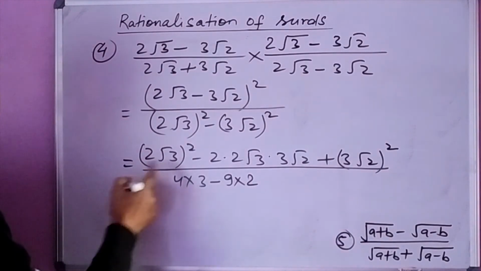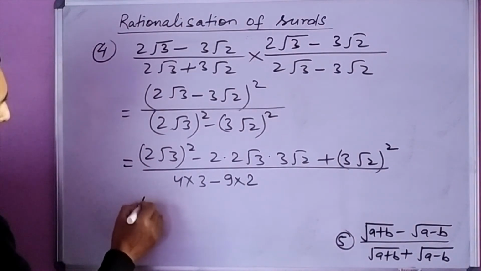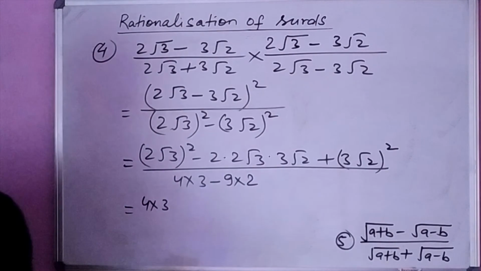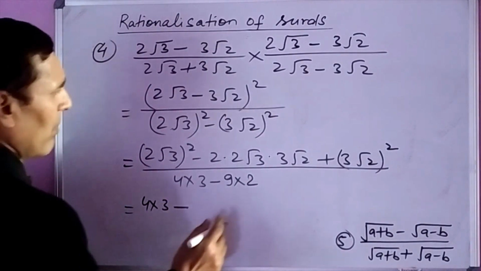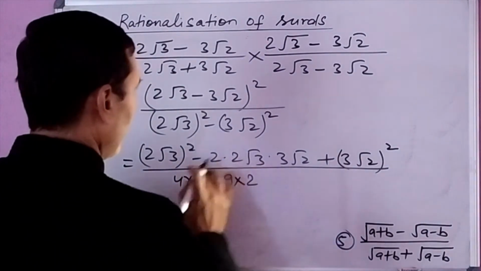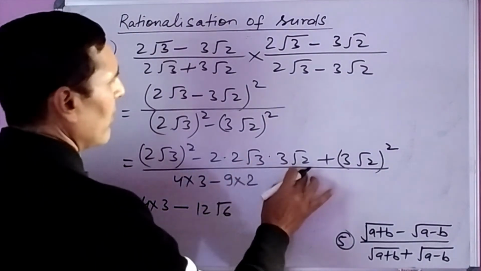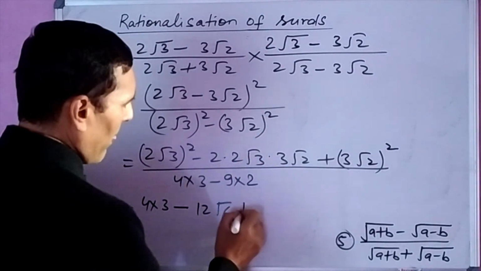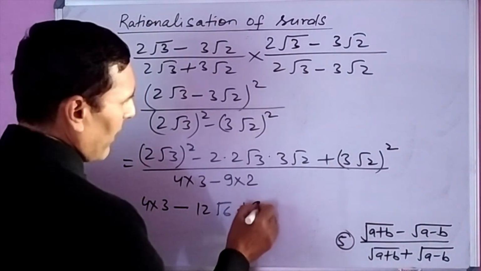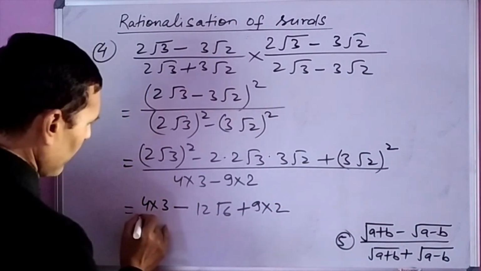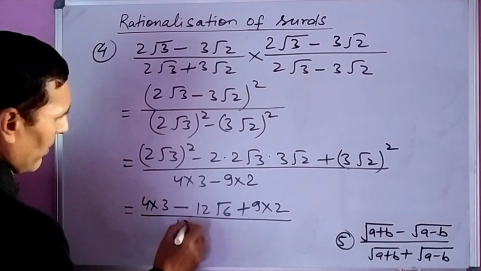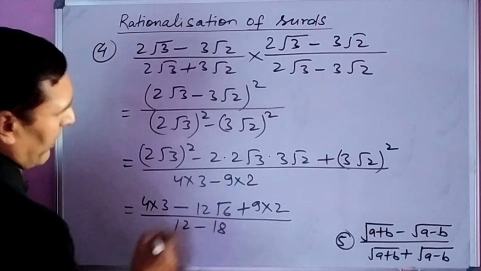So it is 4 into 3 minus 12 root 6, root 3 into root 2 is root 6, plus 9 into 2, whole upon 12 minus 18.